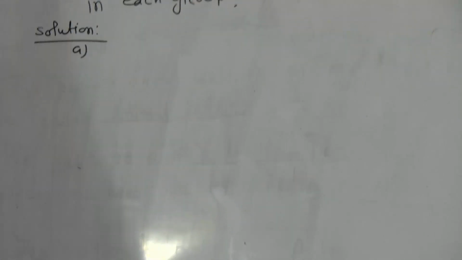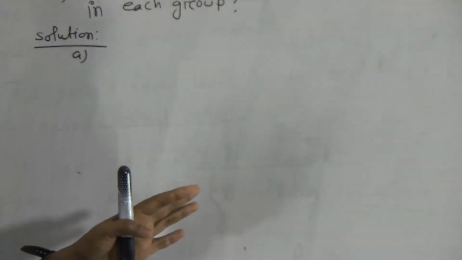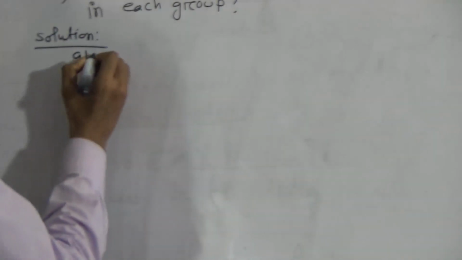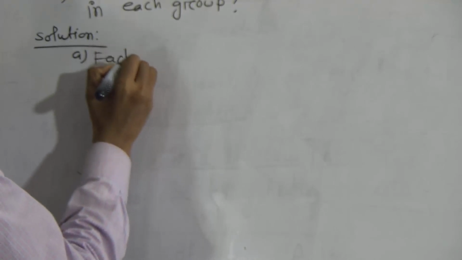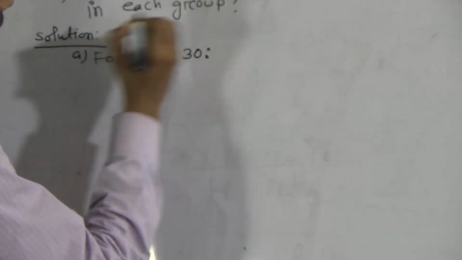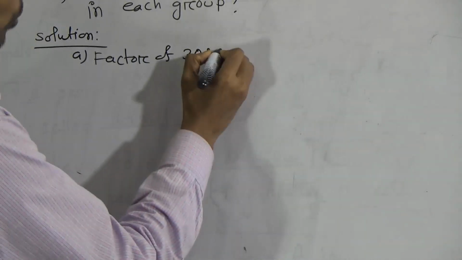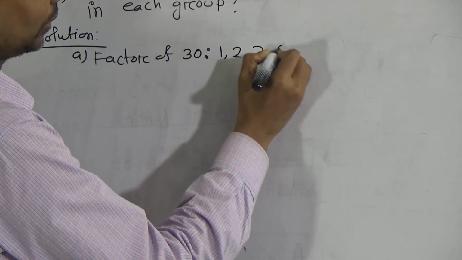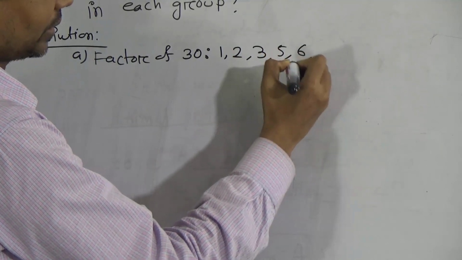Student, in the previous class I have discussed how we can determine the factor. So today I will write the factors of 30 and 42. Write, factors of 30. What are the factors of 30? We know 1, then 2, then 3, then 5, then 6.